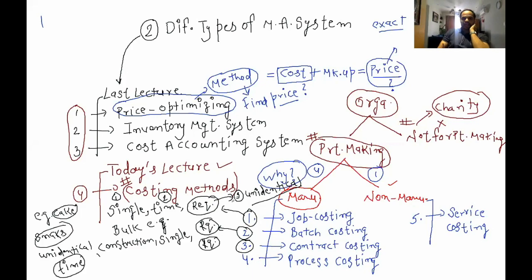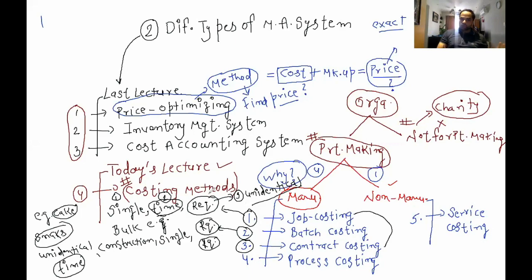So you can see that there are quite a few similarities between job costing and contract costing, except one thing. The major difference between applying job costing and contract costing is time. And of course, job costing is not construction in nature, right?